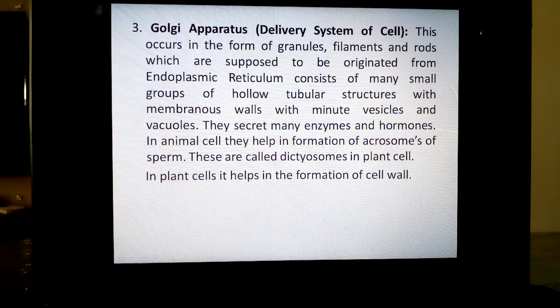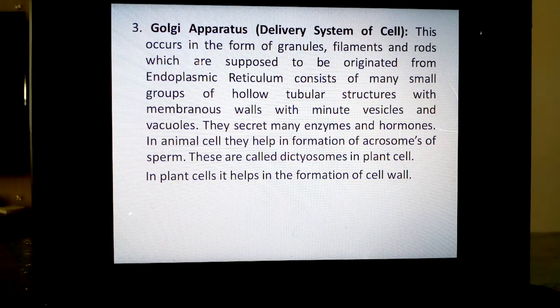The next organelle we are moving to is Golgi Apparatus, or the delivery system of the cell. By this you will understand some production is taking place. This occurs in the form of granules. Granules means grain-like, like suji, rava.